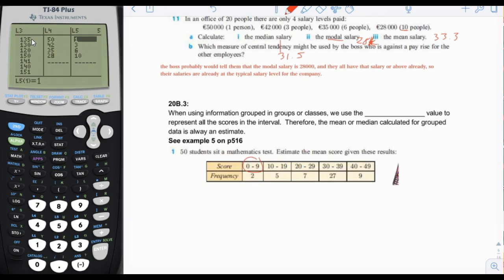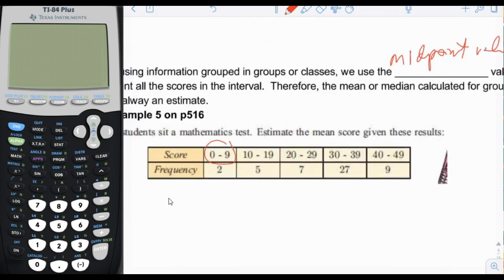Okay, so what they're saying here is we use the midpoint value. For each one of these intervals, I'm just going to put the most typical value, and that would be the midpoint of each interval.